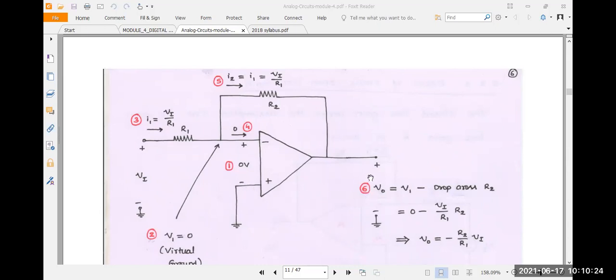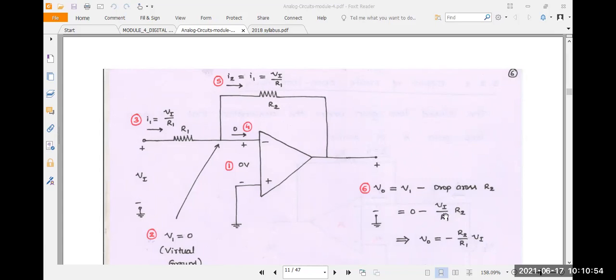Then we can write the V0 equation. V0 is V1 minus the drop across R2. V1 is 0, the virtual ground voltage, minus the voltage drop across R2, which is minus I1 into R2.